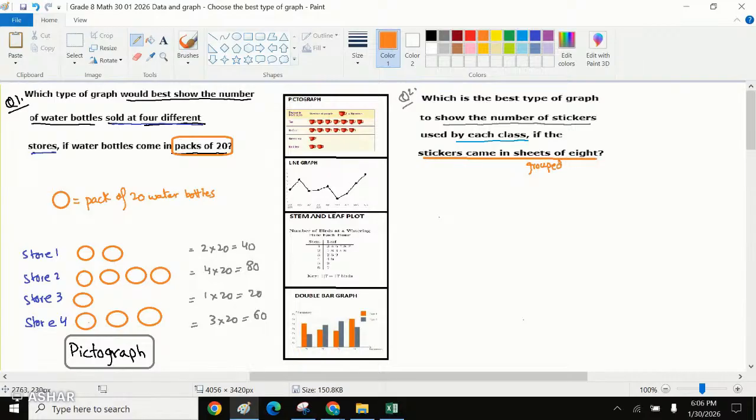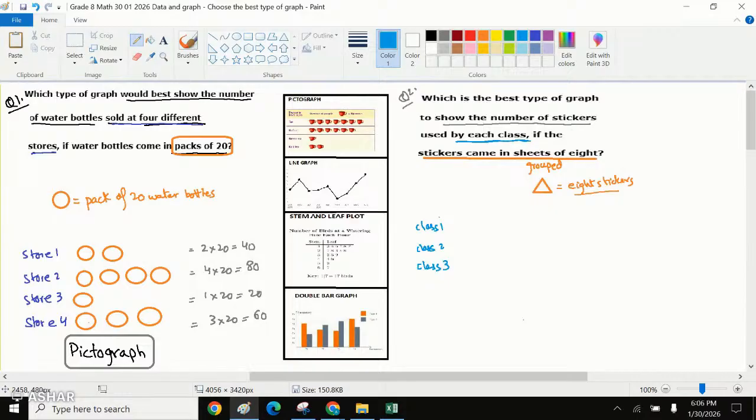Sheets of 8. That means if we say there was one triangle that showed one sheet with 8 stickers, right? And by each class means they can be class 1, class 2, class 3, and so on. There are multiple class levels over here. That means each class and the stickers of it, right?